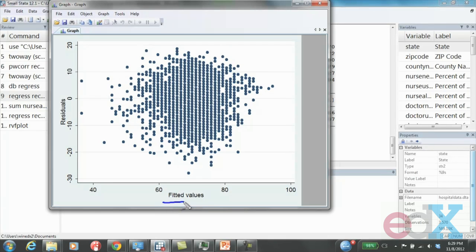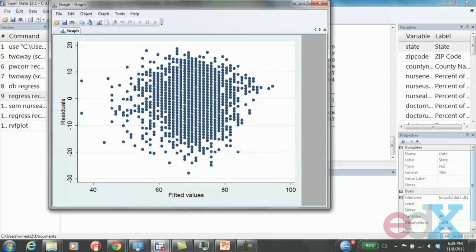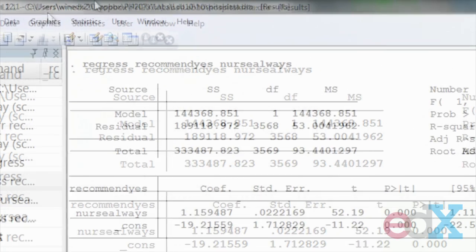It makes a plot of the fitted values of the outcome versus the residuals for those fitted values. What I'm looking for here is that I don't want to see any trends in these residuals. I see that they're about mean 0. I don't see any weird trends going on. If I saw any U shapes, or the residuals getting larger over time, these would be problems. So as long as you don't see any patterns in that residual plot, that means your model's probably doing okay.